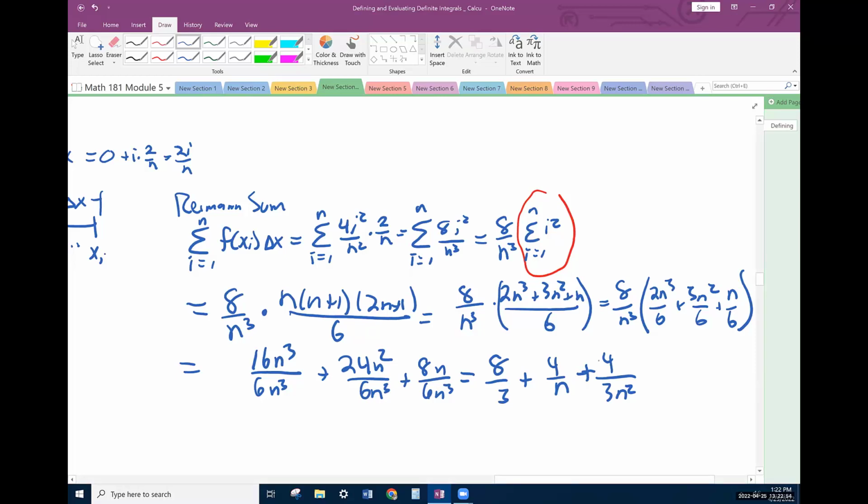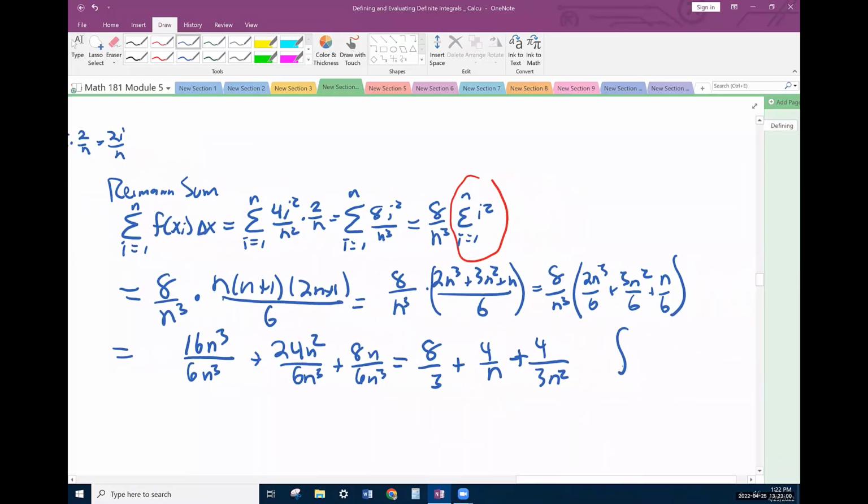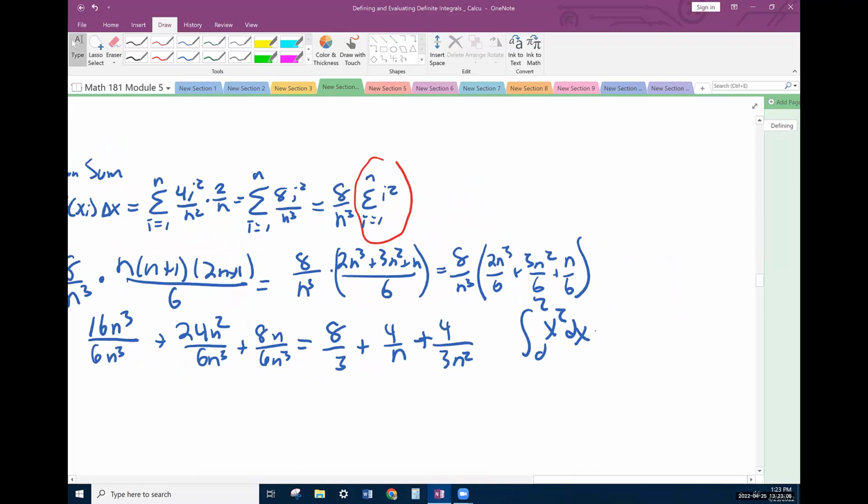The last part is to fill in the first part of that formula, that the integral from 0 to 2 of x squared dx was the limit as n goes to infinity of the sum as i goes from 1 to n of f of xi delta x.